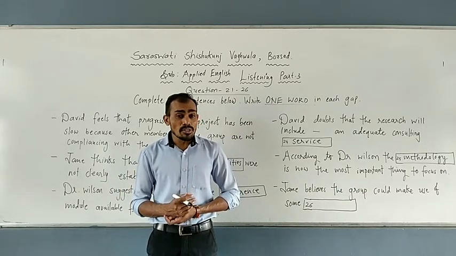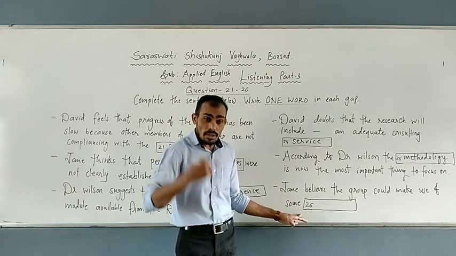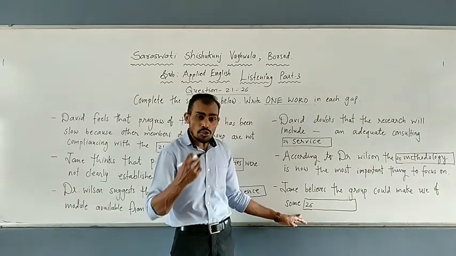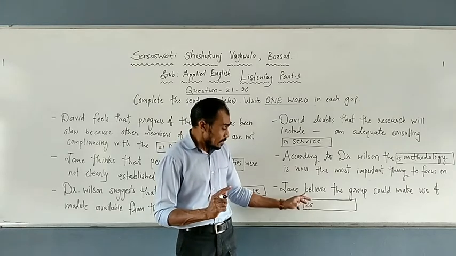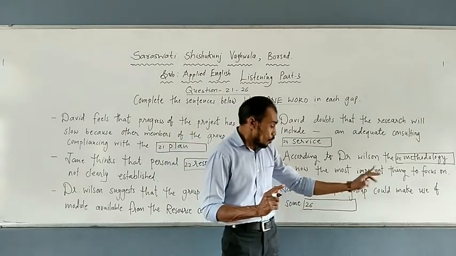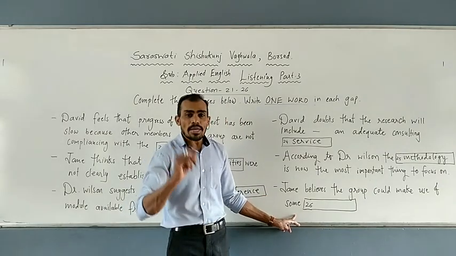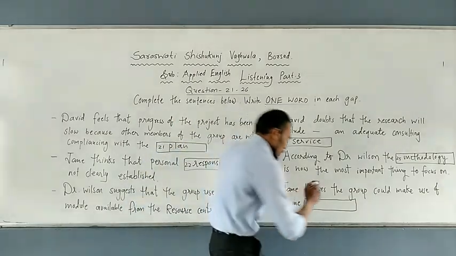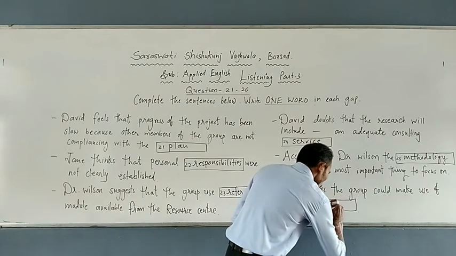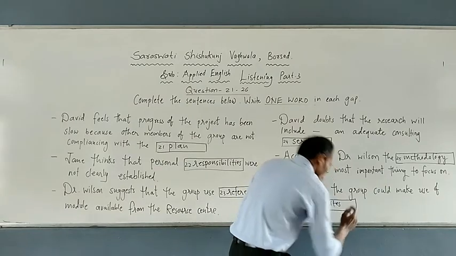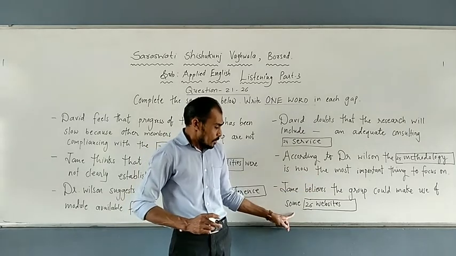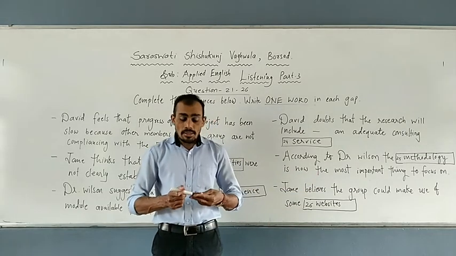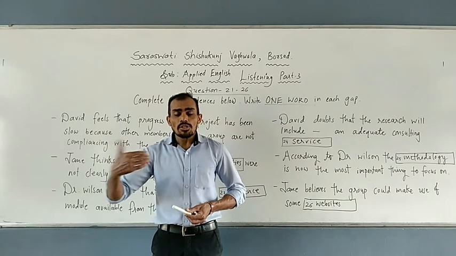Because a lot of students went to the lab and searched on the internet, and through the internet, the group could make use of some websites. And what is the answer? The answer is websites. Okay. So Jen believes that the group could make use of some websites, and hence they were very much disappointed.